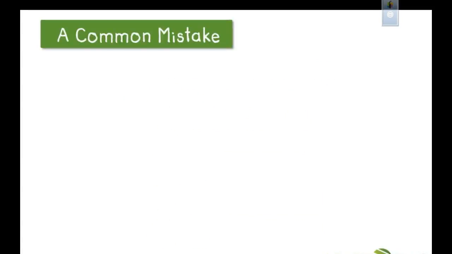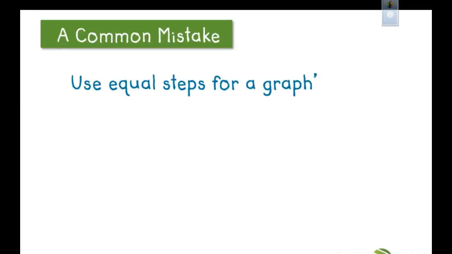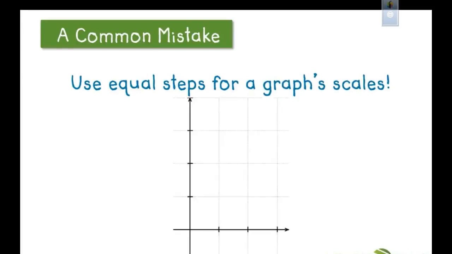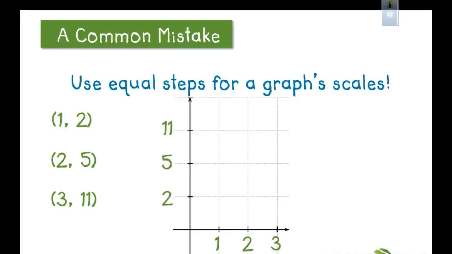In this lesson, we'll be making graphs. It's very important that you use equal steps when you make the scales. For example, suppose you wanted to plot these 3 points. It's tempting to want to just use 2, 5, 11 as the labels for the tick marks on the y-axis, but you can't do this because that's not equal differences between those numbers. 0 to 2 is not the same as 2 to 5, and that's not the same as from 5 to 11.